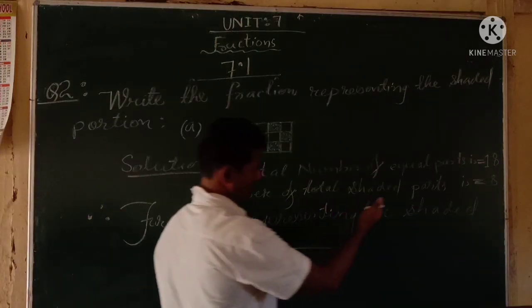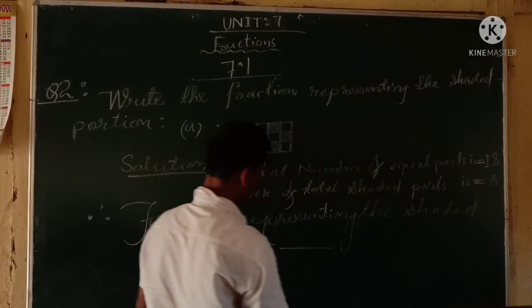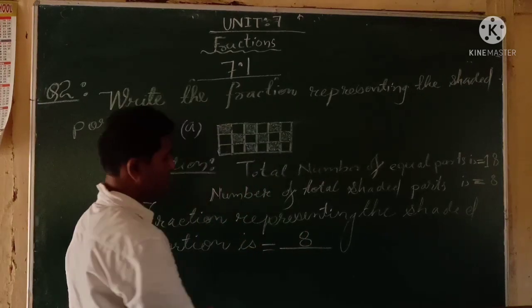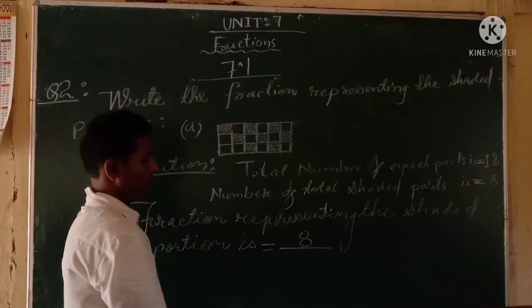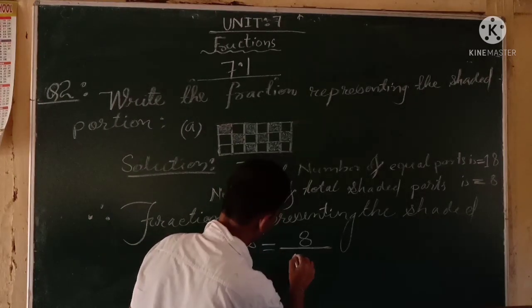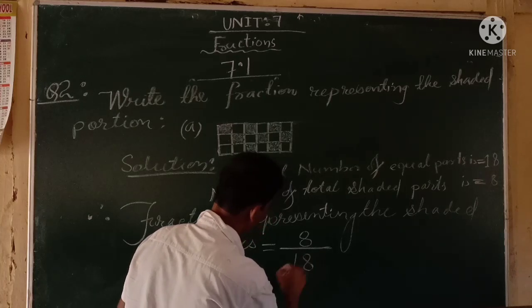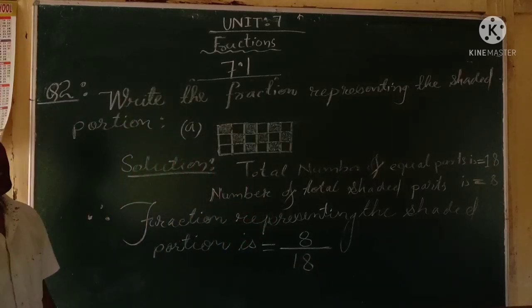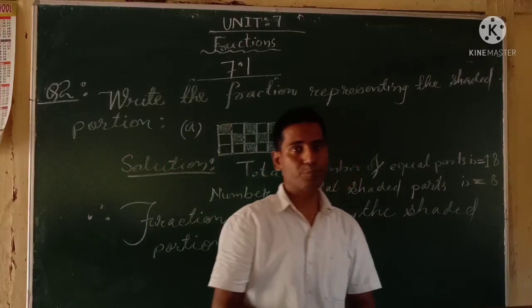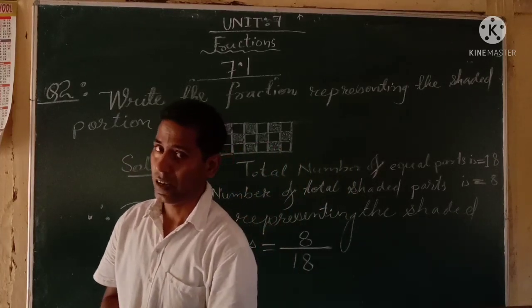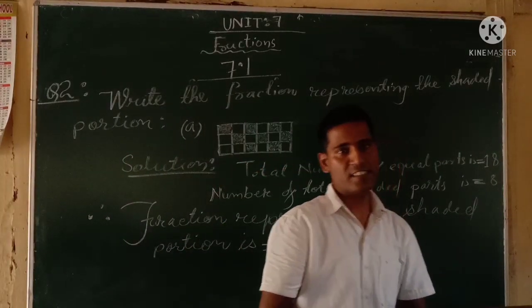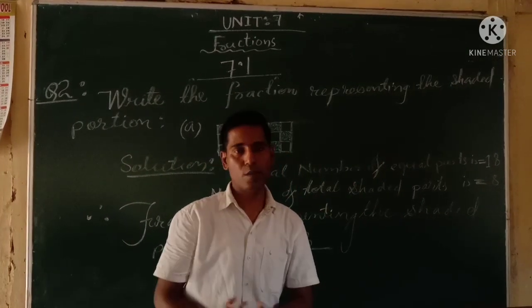The number of shaded parts is 8, so we write it in the numerator place, and the total number of equal parts, 18, in the denominator place. So 8 by 18 means 8 out of 18 parts have been shaded. The shaded portion is 8 out of 18.